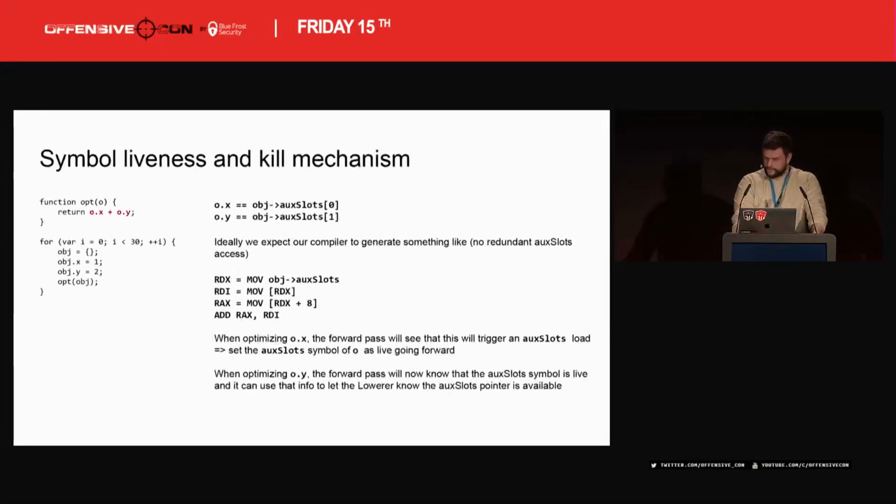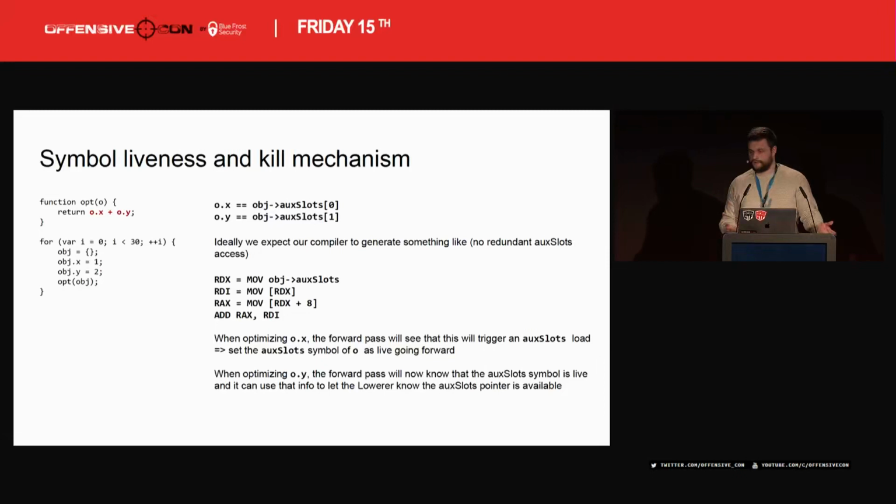The first is symbol liveness. A symbol in Chakra is something that represents a variable or some kind of internal field, and they have this concept of liveness. Take my function, which adds two properties together, o.x and o.y. If I call the function with that particular object in a loop, o.x is at offset 0 in the aux pointer, and o.y is at offset 1 in the aux pointer.